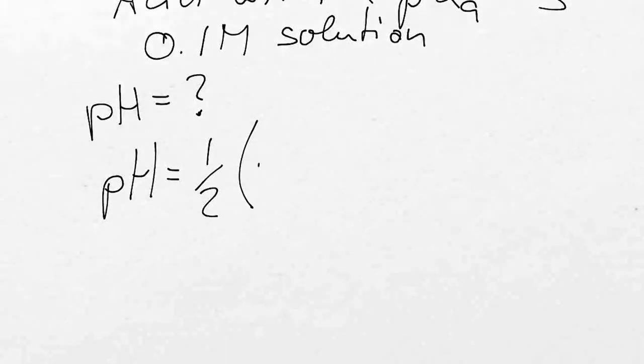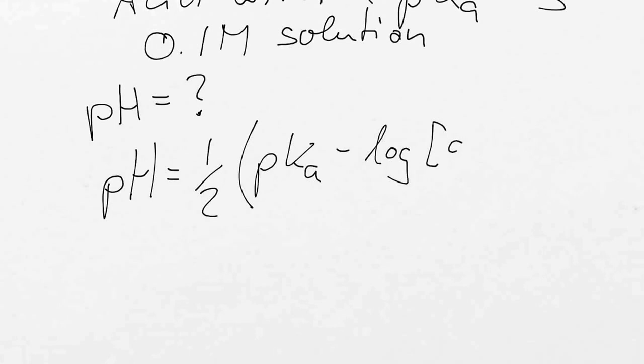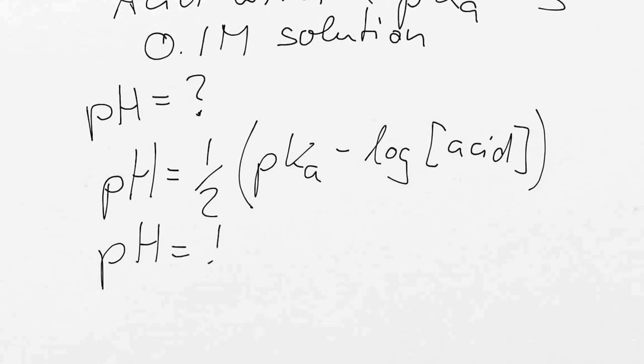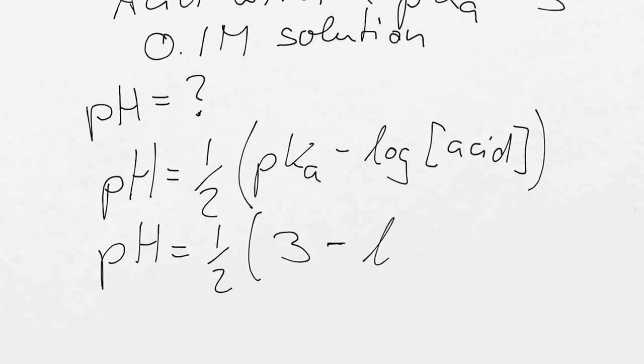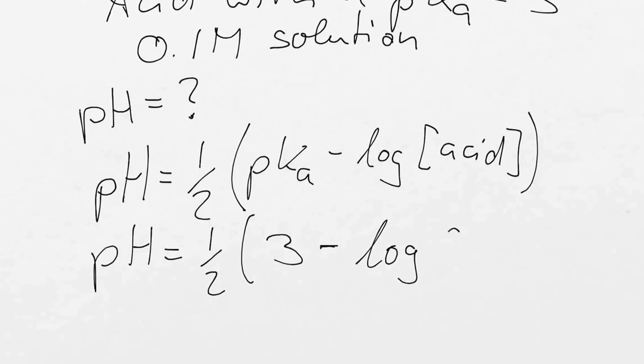The first example we do together. pH equals 1/2 of pKa minus log of the acid. So pH equals 1/2 of pKa is 3 minus log 0.1.